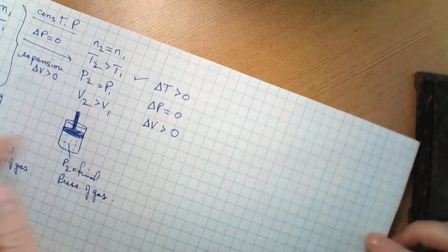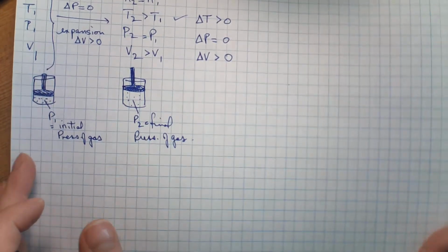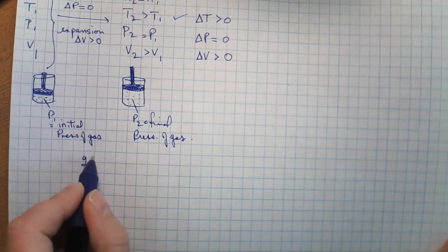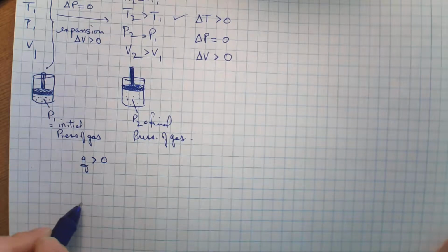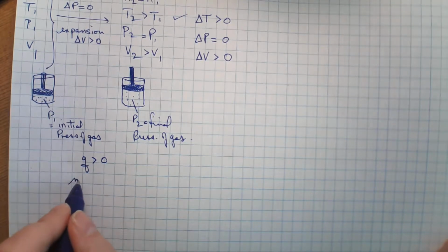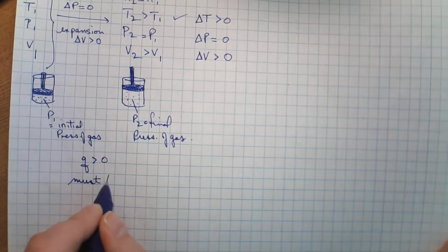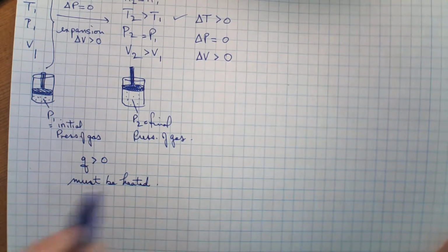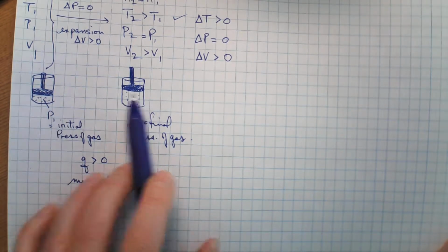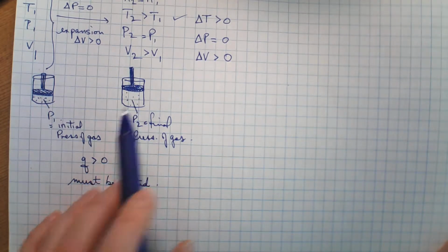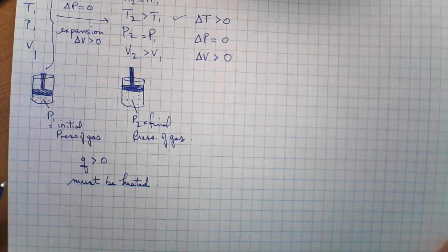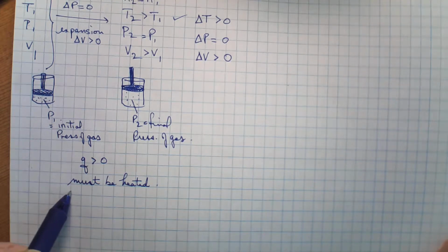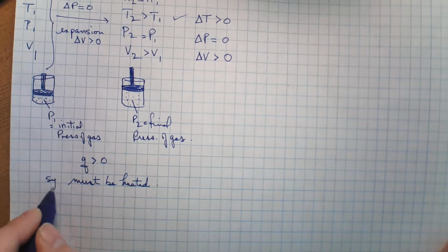And so it must be the case, therefore, that Q is greater than 0. It must have been heated during this change, in order for the temperature to increase, in order for the pressure to stay constant, even under the condition of expansion. Okay, so the system must be heated.